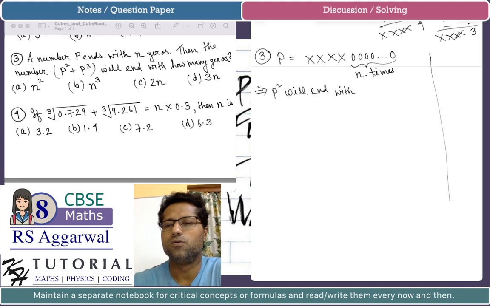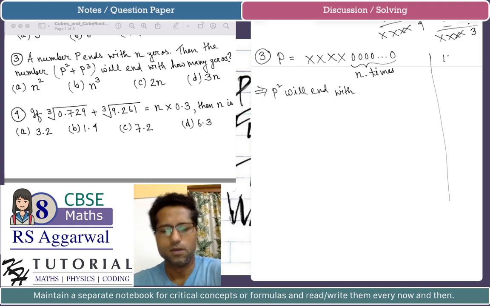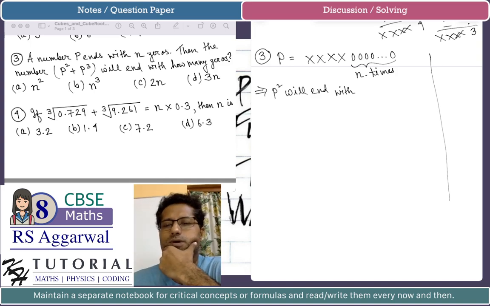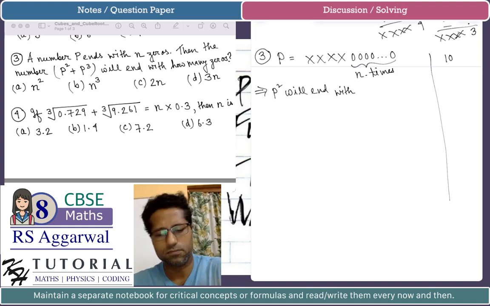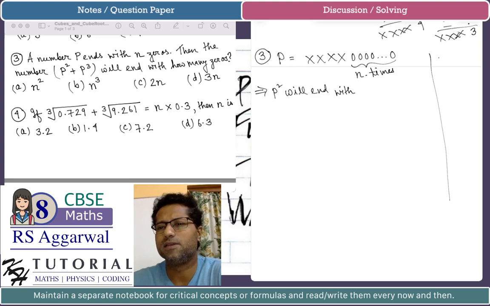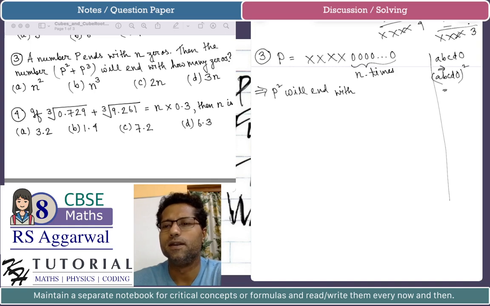See, if a number is, let's say, a b c d, where a b c d are some integers and we are having 0, then this number ending with 0, its square will obviously end with 2 zeros.